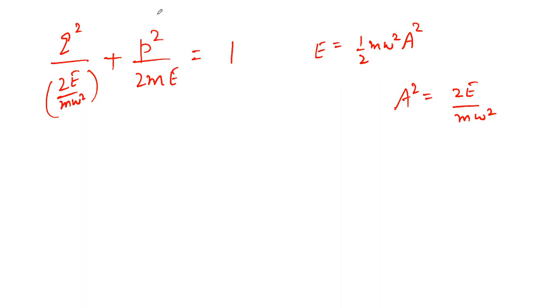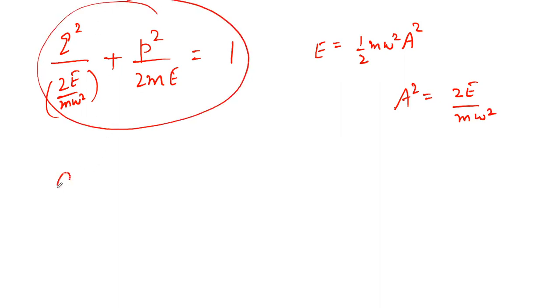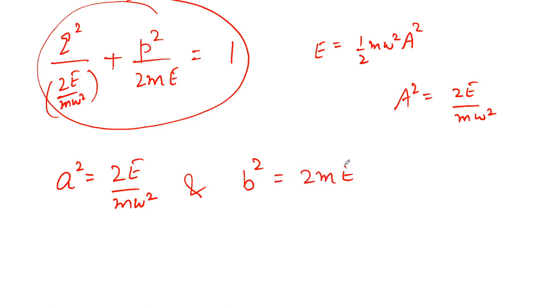If we equate this equation with the equation of an ellipse, we can find the value of the semi-major axis, a², which comes out to be 2E over mω², and the semi-minor axis, b², which is equal to 2mE.